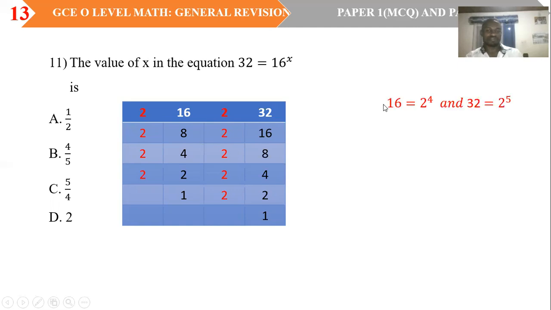And when that is done, 16 now gives 2 to the power 4, while 32 gives 2 to the power 5. And replacing 16 and 32 by this prime factorization results, we have both sides in index form. And when we simplify, since the bases are the same, we equate the powers and simplify to have x equal 5 over 4. Answer C.